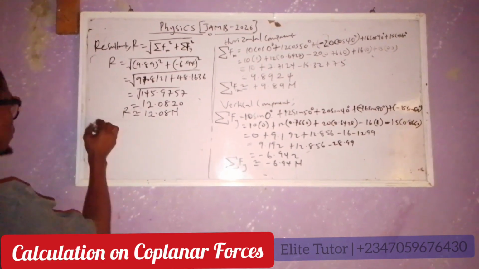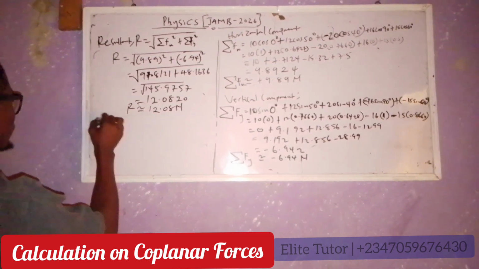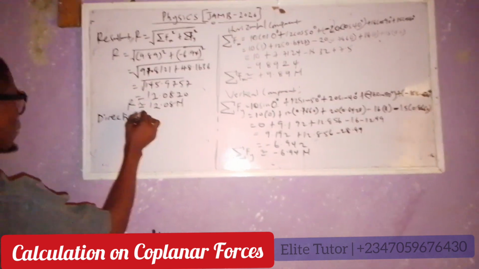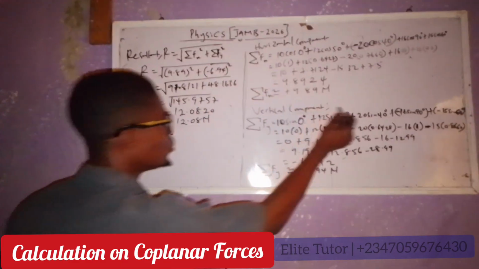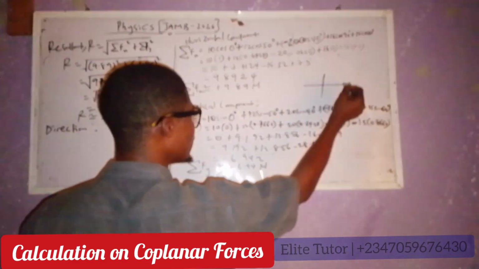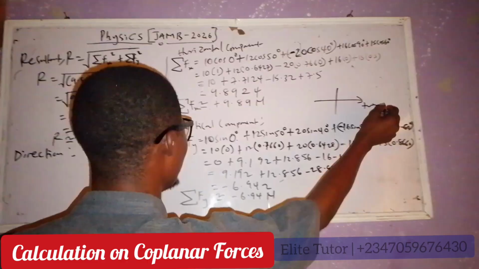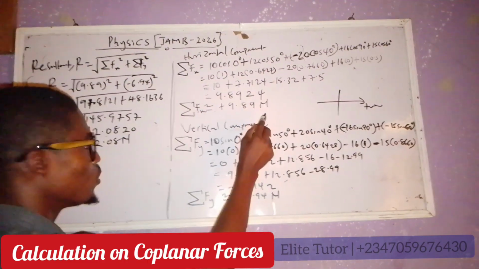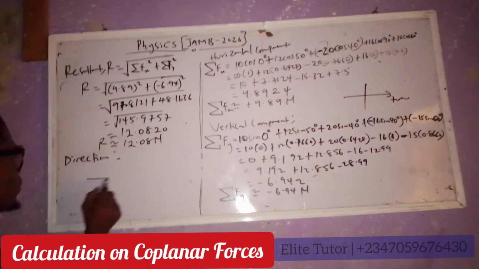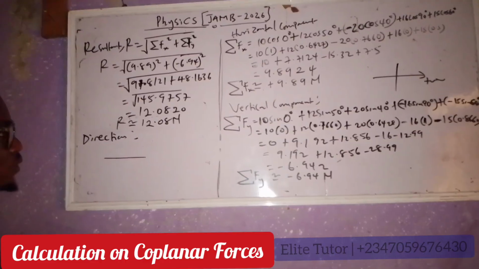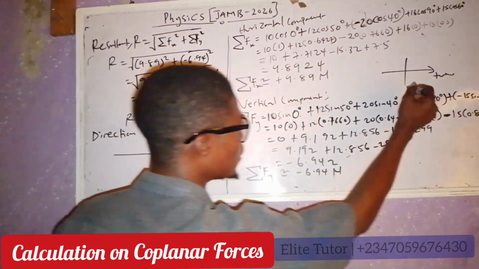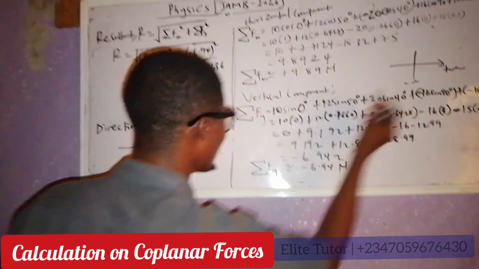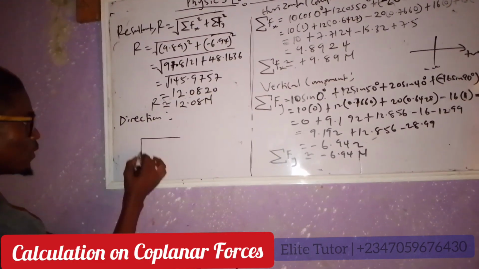So now, let's calculate for direction. You know that x is positive here, and for this place we are having a positive value. Definitely we are getting the first magnitude. So for y, this is negative, so definitely our diagram should look like this.